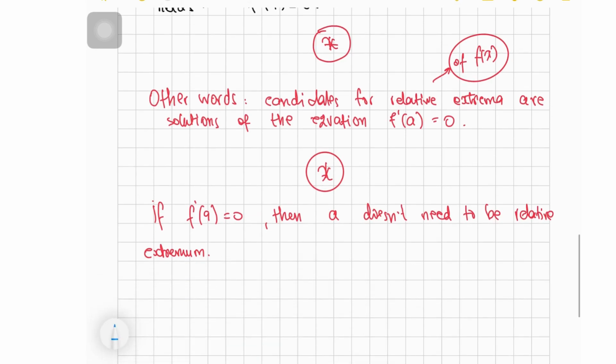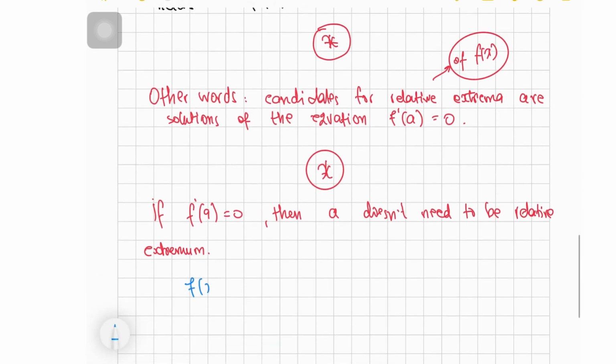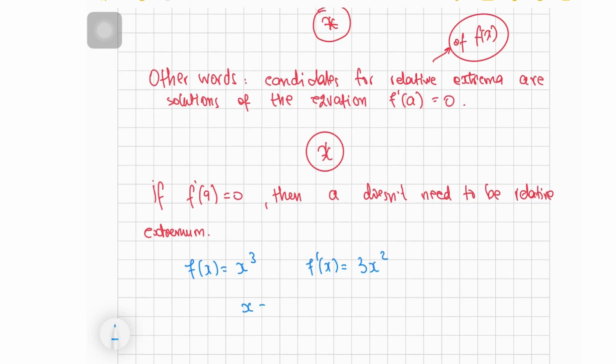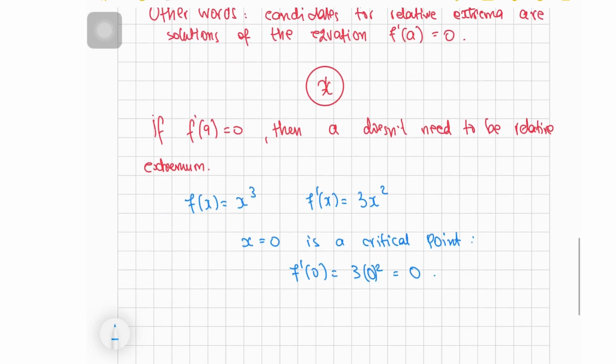If you have f of x equals x cubed, and f prime of x equals 3x squared, then obviously x equals 0 is a critical point. Why? Because f prime of 0 is 3 times 0 squared, which is 0. But 0 is not a relative extremum. Why?